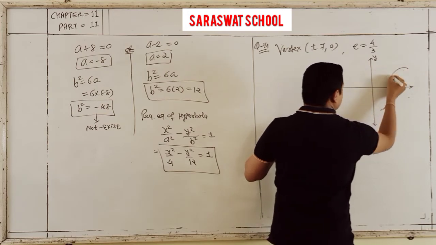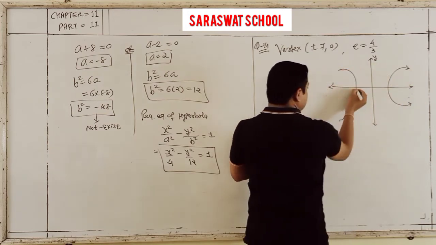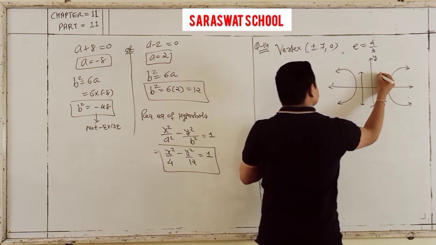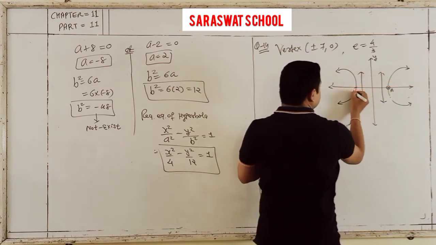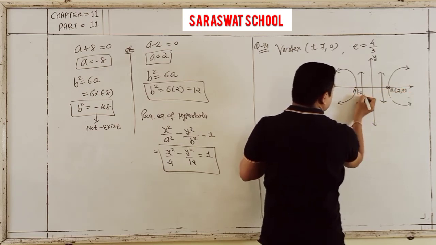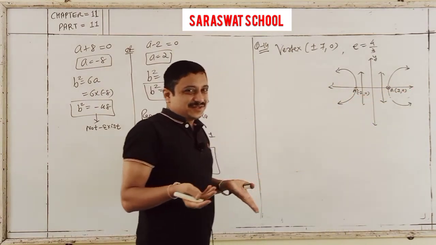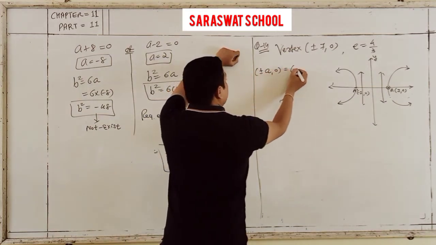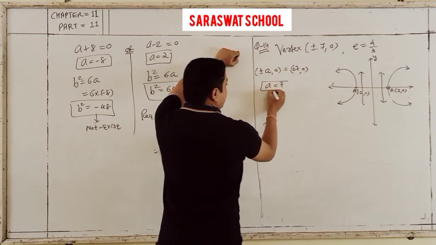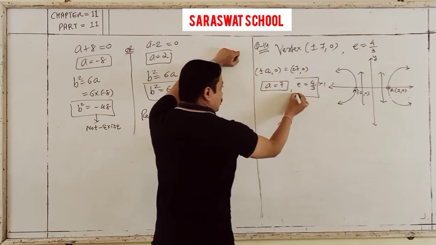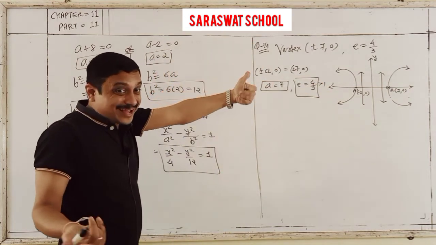In this way we will do it. Here the vertex a and a dash are given as 7 and minus 7, and the eccentricity is also given. So the vertex is plus or minus a, 0, sorry, plus or minus 7, so a becomes 7, e is known, 4 by 3, check, it is more than 1, so hyperbola.